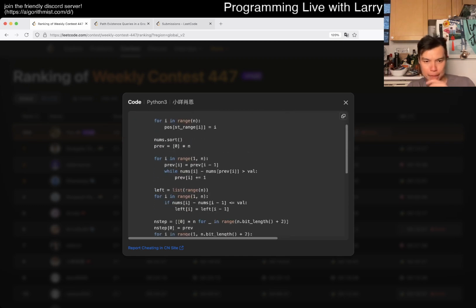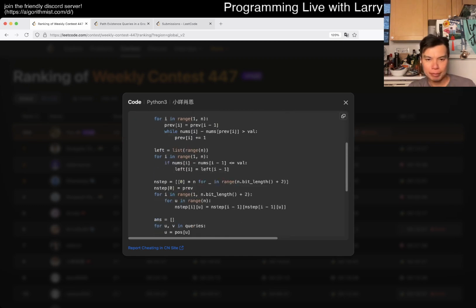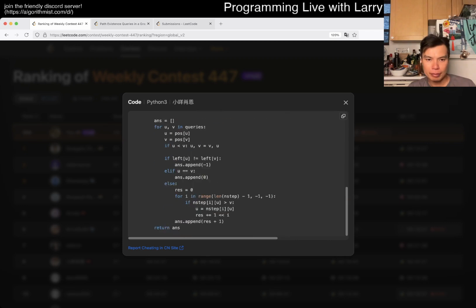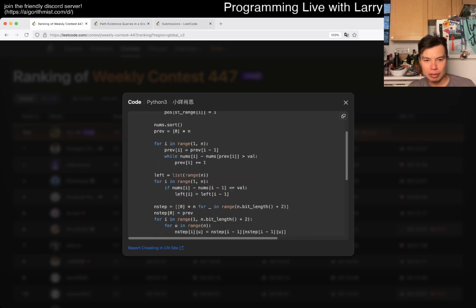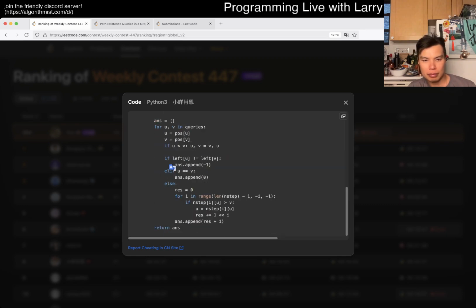What is left? Left is just i. Oh, yeah, I see. That's just to check whether they're the same initial index. Which is kind of weird, but okay, that's fine.